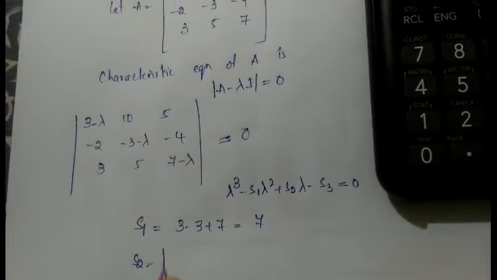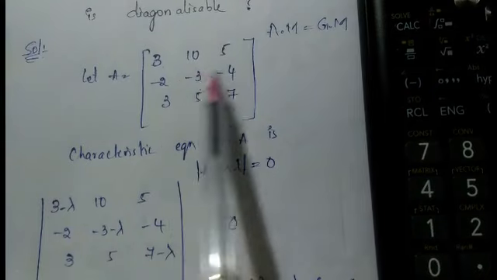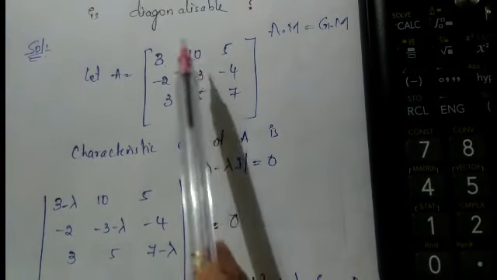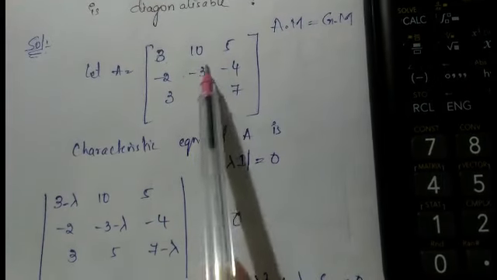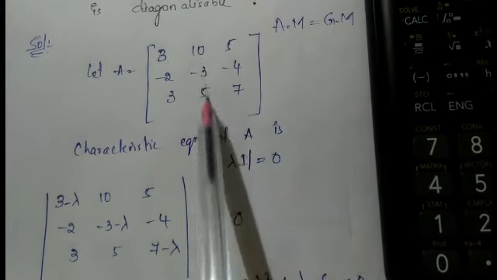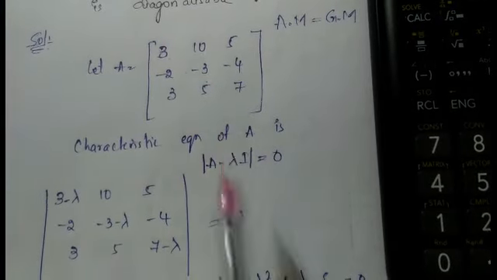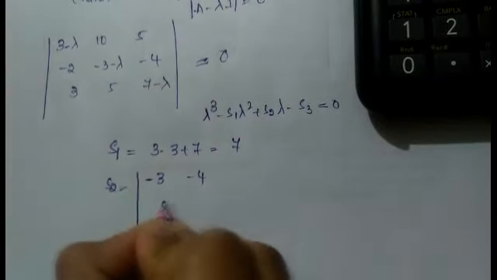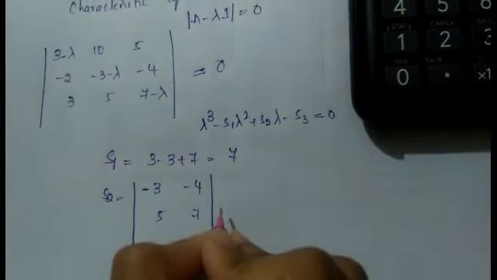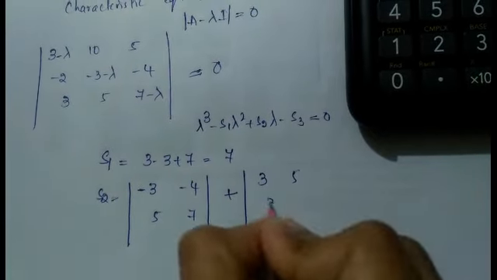And S2 is the sum of the minors of the diagonal elements. Take the first diagonal element, delete its row and column, and find the minor of the remaining elements. Similarly, take the second diagonal element, minus 3, delete its row and column, and find the minor of the remaining elements. So we write minus 3, minus 4; 5, 7. This is the minor of 3. Then 3, 5; 3, 7.